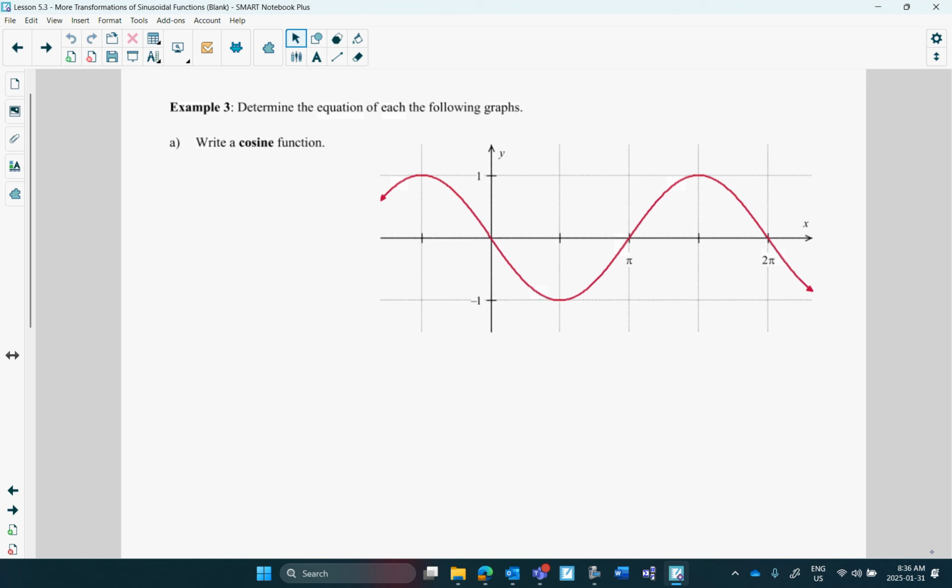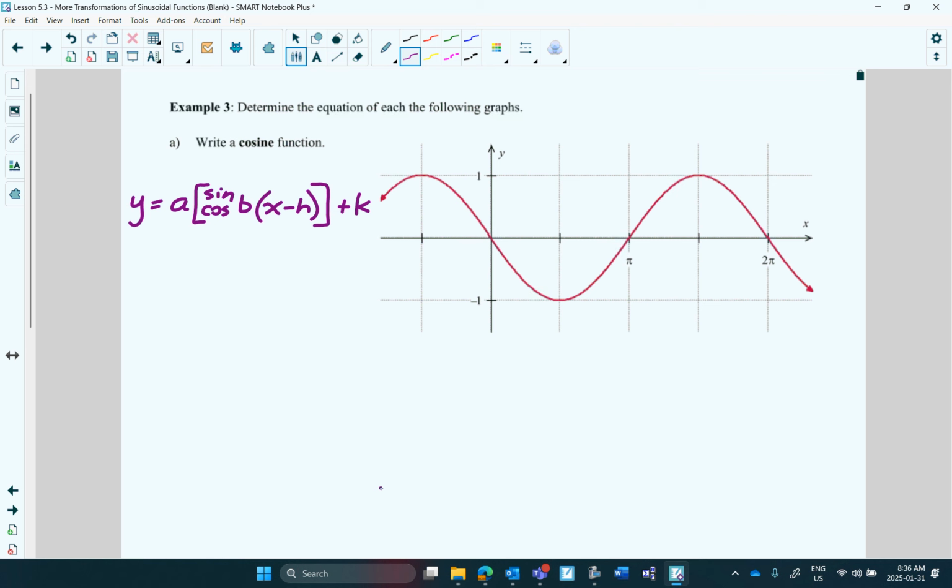We've done this with several other functions since the beginning of the year. Okay? What I would suggest you do, well, first of all, remember, a sinusoidal function is going to take the form this.